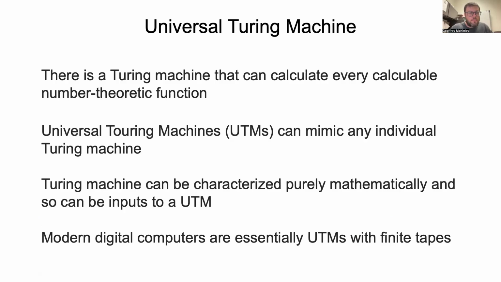Individual Turing machines can do one type of function, but a universal Turing machine can mimic any individual Turing machine. And the Turing machine can be characterized in a purely mathematical fashion, and therefore any Turing machine can be input to the universal Turing machine. Basically, modern digital computers are essentially universal Turing machines with finite tapes.